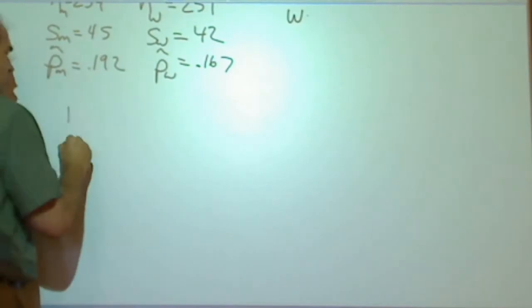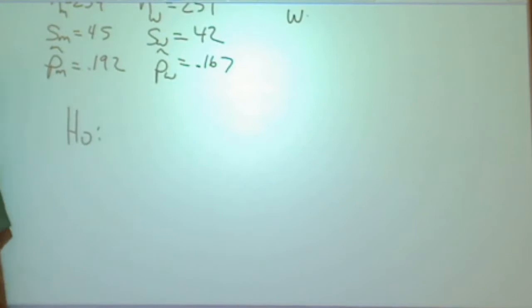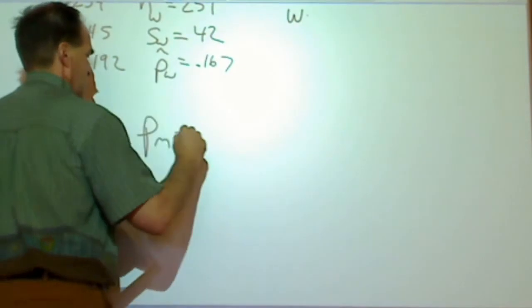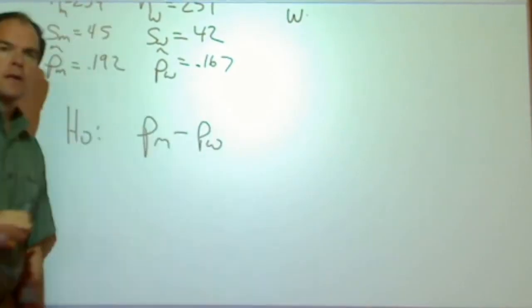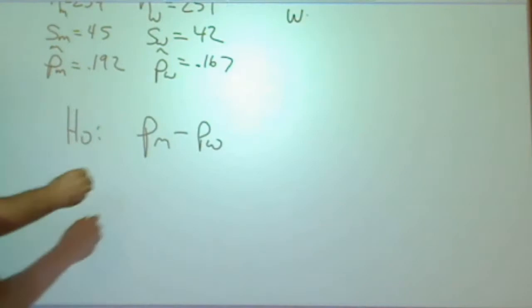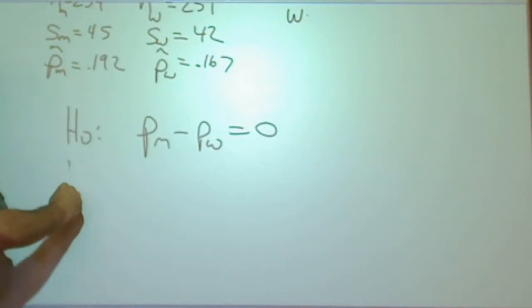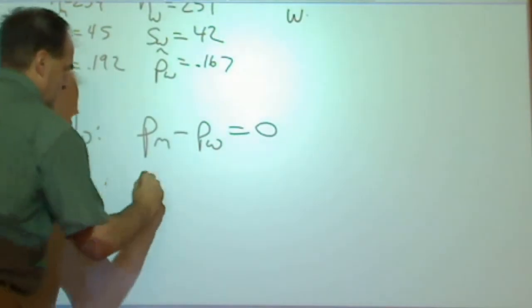So when we have two proportions, do you remember how do you set this test up? You said minus them, correct? Okay. Equal to 0, that's, null is that they're the same. Okay. What's our alternate?